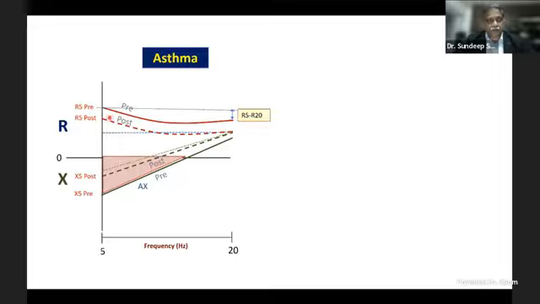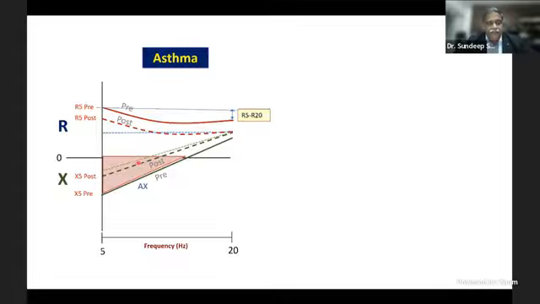So in asthma, you will find an increase in R5, an increase in R20, and an increase in R5 minus R20. After giving a bronchodilator, the R5 value reduces, and it may not come back to normal, or it may come back to normal. The R20 value comes back to normal after giving a bronchodilator. So this is the bronchodilator response that you get in the resistance values in an asthma patient.